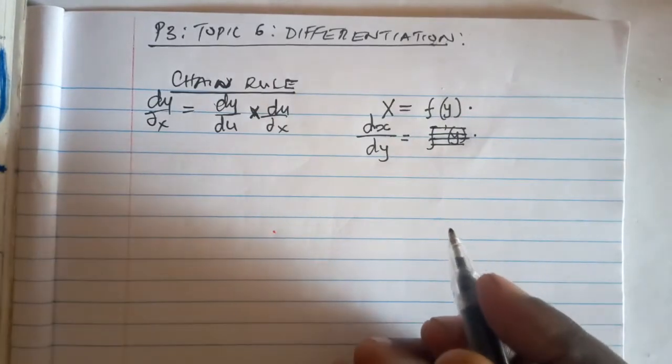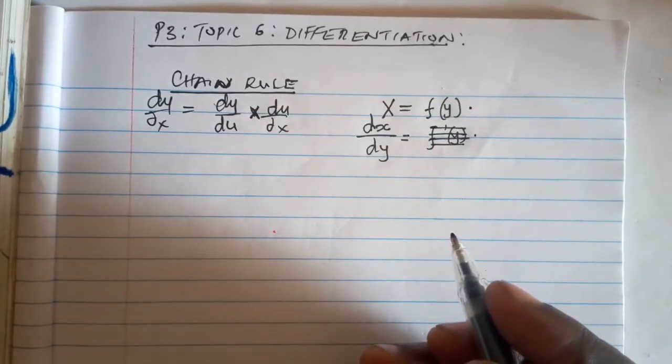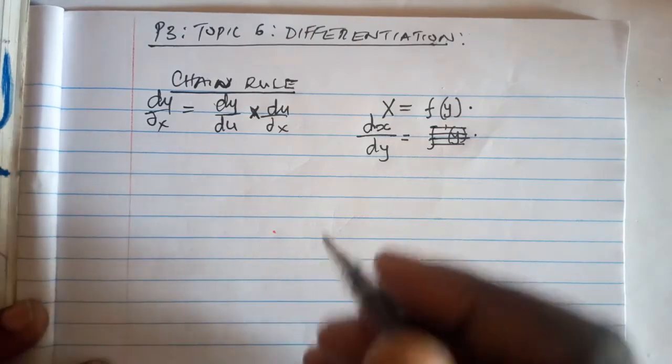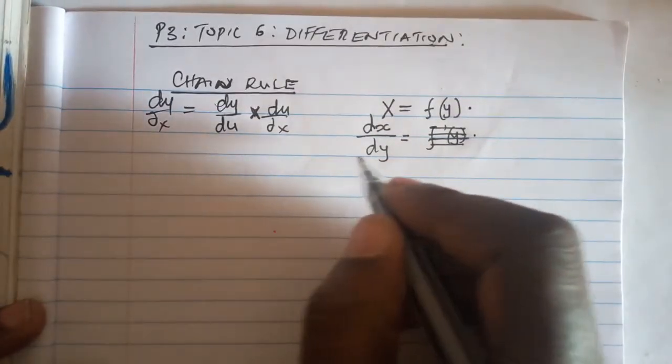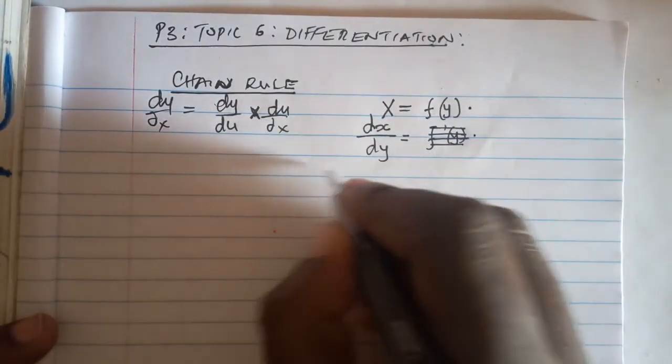And we may want to talk of how then do we get dy/dx?